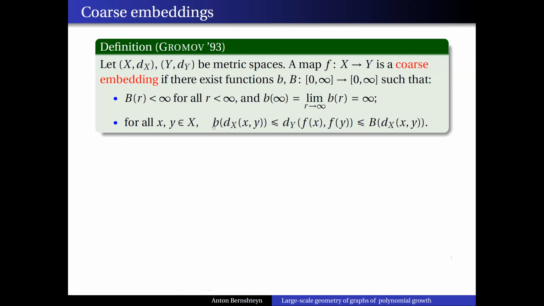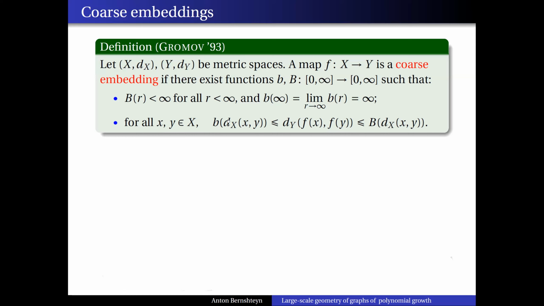So let's look at the second bullet point first. It says that if you give me two points from the space X, the distance between their images, f of x and f of y, is bounded below by the function little b applied to the distance between x and y, and above by the function capital B applied to the distance between these points. Now I need to say something about these two lower and upper bounding functions that makes this non-trivial.